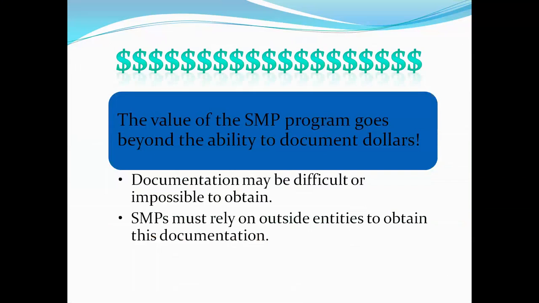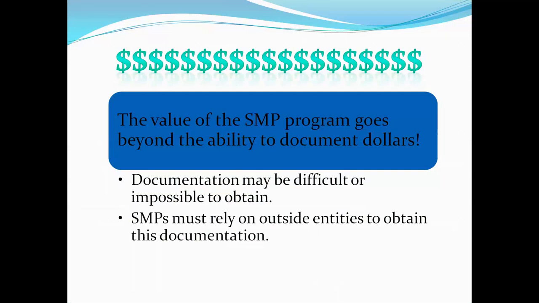Of course, the value of the SMP program goes beyond the ability to document dollars. That is very true. Some of the documentation may be difficult or impossible to obtain, because there are some billing companies out there that refuse to send a bill with a zero balance on it.